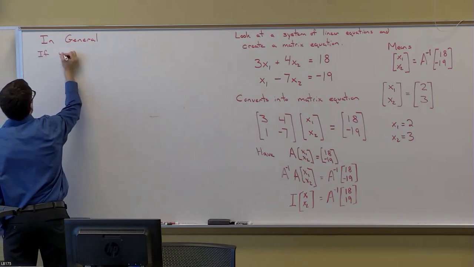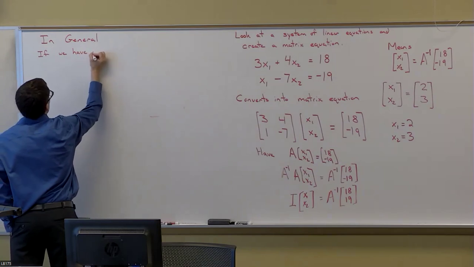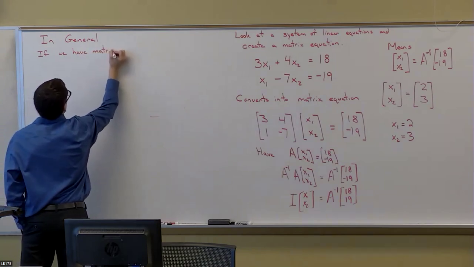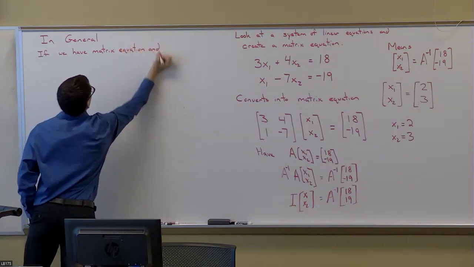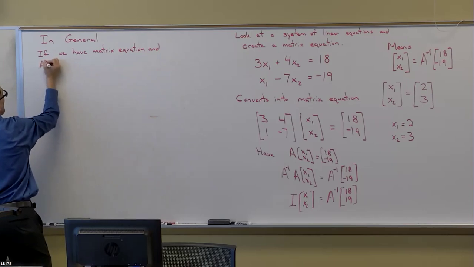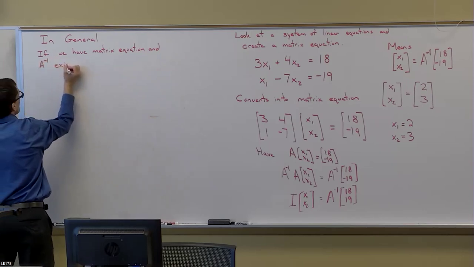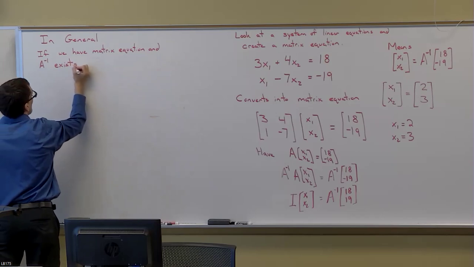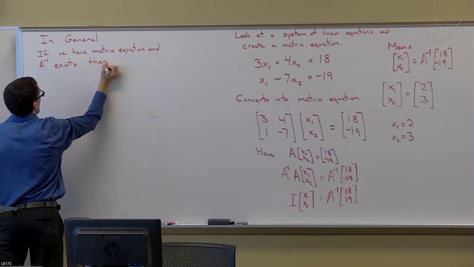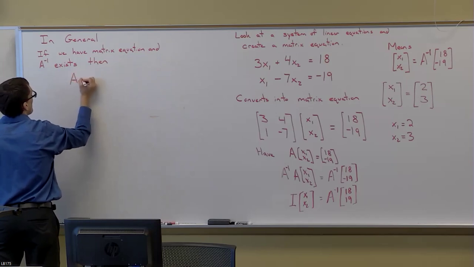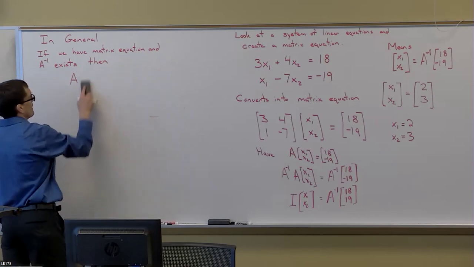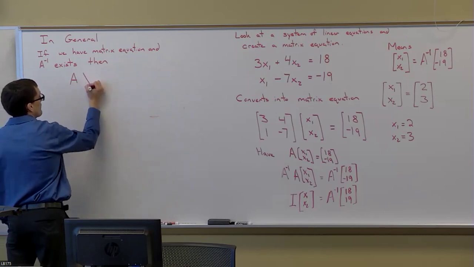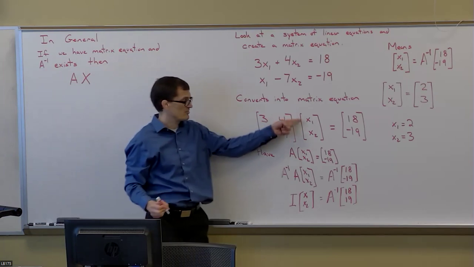if we have a matrix equation and A inverse exists, then I can do A times X. Usually when we say X here, they bold it, sometimes we put a capital X. X is just a variable matrix.